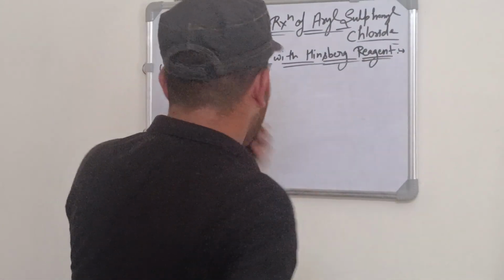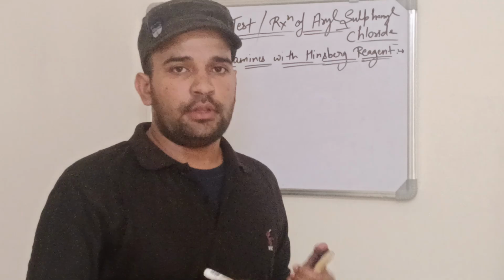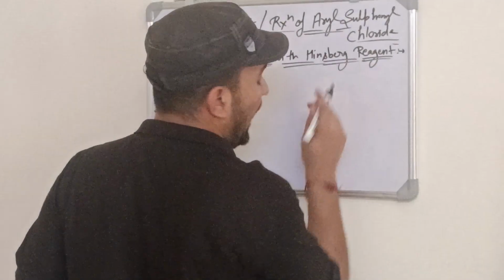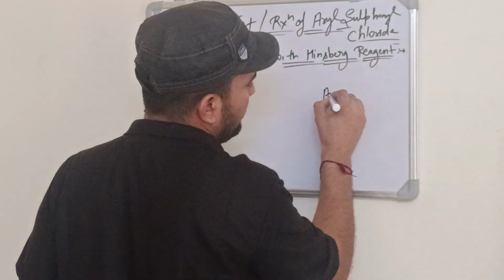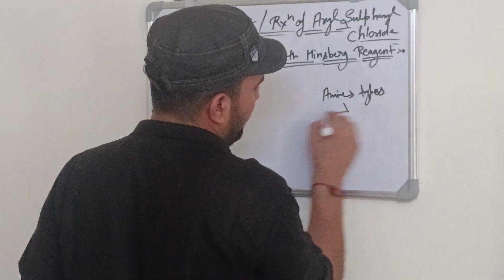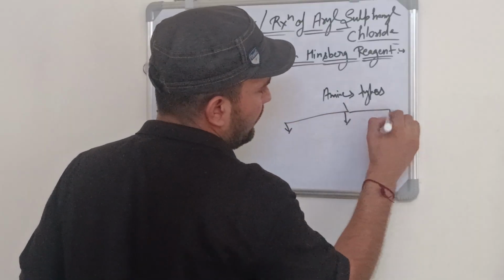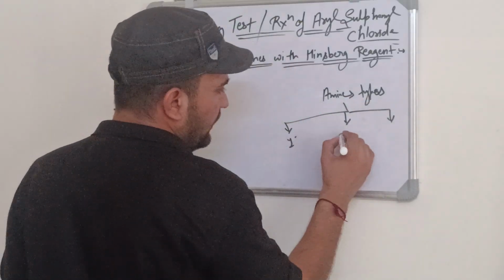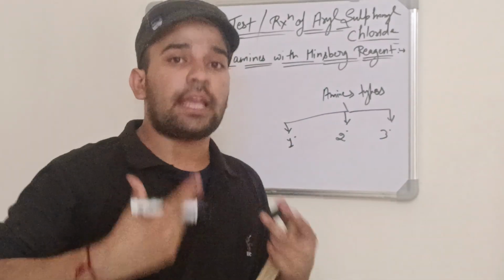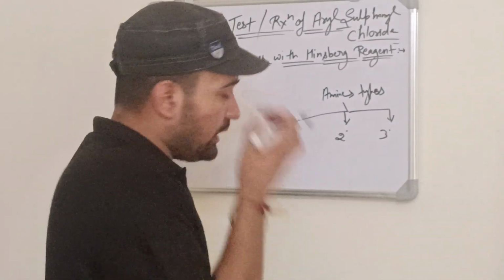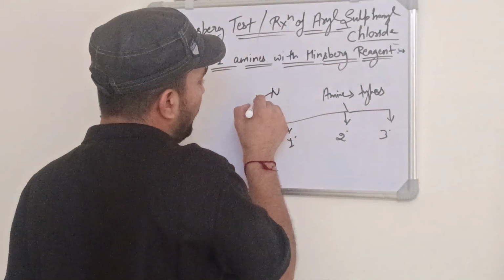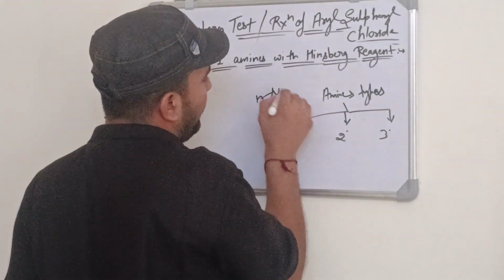Before discussing the reaction of primary amine with the Hinsberg reagent, I am going to discuss the types of amines. There are three types: primary, secondary, and tertiary. Suppose we have ammonia, which has three hydrogens and one lone pair.